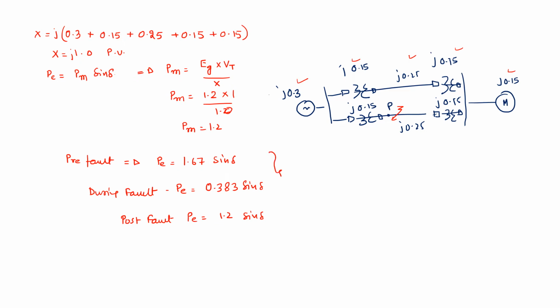Now these are the representative equations, and corresponding to these equations we can always plot the power angle relationship curve. From here I can simply say that in pre-fault condition there was power transfer of 1.67, then during fault we observe a substantial decrement in the power transfer capability of the transmission network. Then this power transfer capability is restored by removing this line.